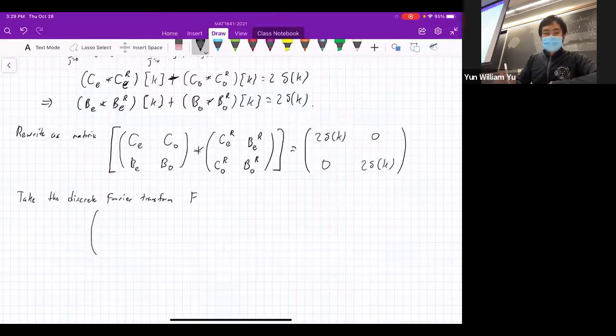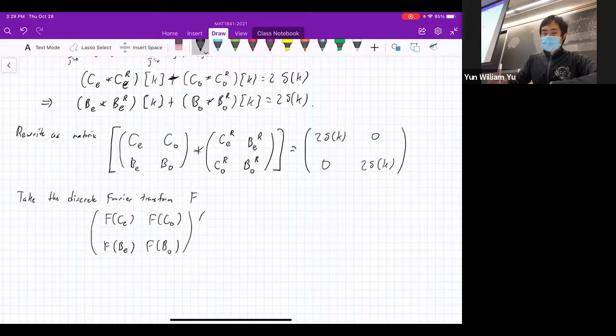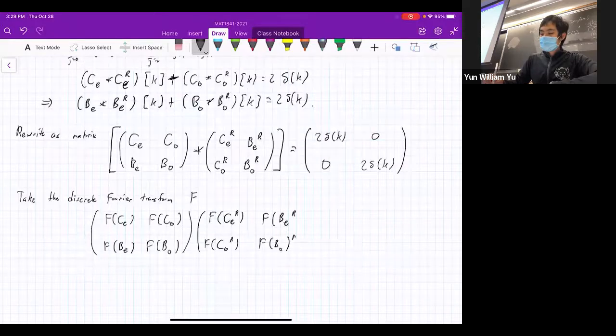So you're left with f of CE, f of CO, f of BE, and f of BO times f of CE reversed, f of BE reversed, f of CO reversed, and f of BO reversed. Oh, sorry, put the reversed in there. It doesn't really matter, applied to some other variable.